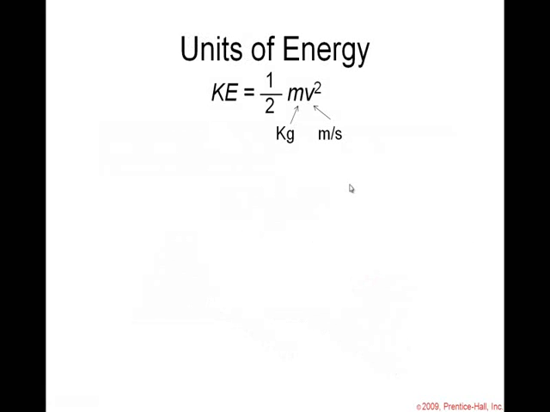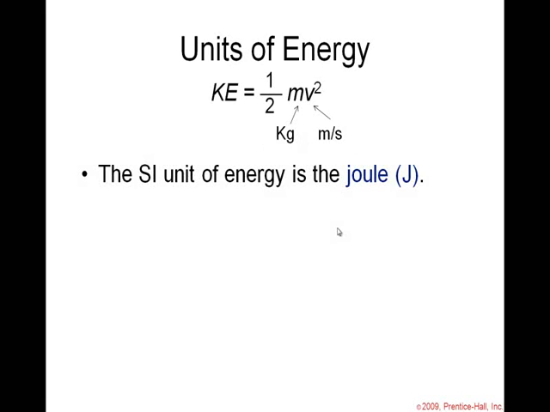We use all SI units, and because mass SI units are kilograms, velocity is distance over time, and those SI units are meters in seconds. So it's kilograms meters over seconds squared. This unit, kilograms times meters squared over seconds squared, is also known as the joule. Symbol of J. 1 joule is 1 kilogram meter squared over second squared.